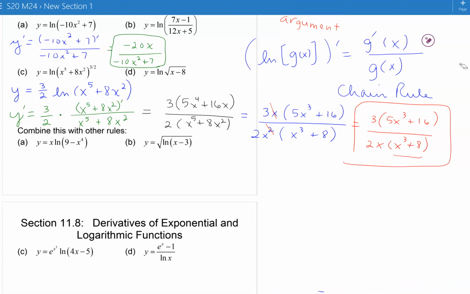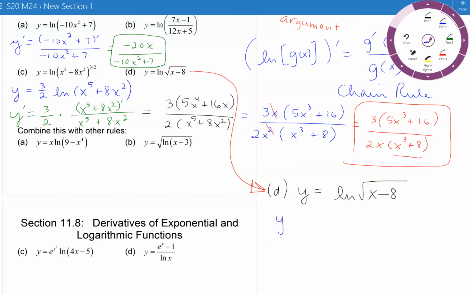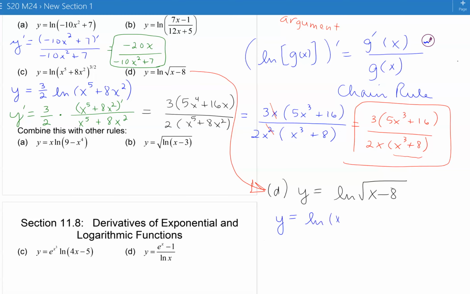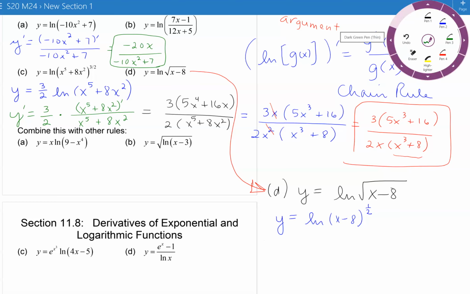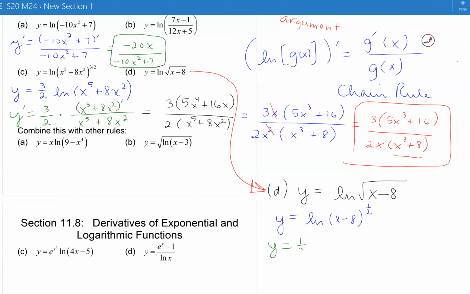Okay, then let's look at example D, where we have y equals the ln of the square root of x minus 8. In general, we don't want radicals when we're doing calculus, so we're going to change that into an exponent of 1/2. Then we want to use the properties of exponents on logarithms and have the exponent come down in the front and become a multiplier.